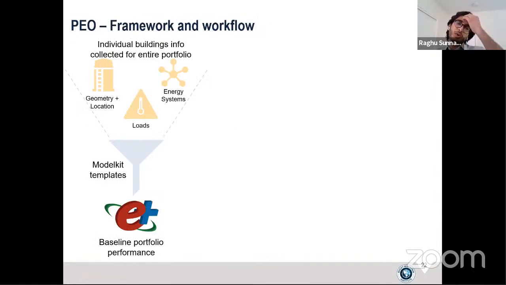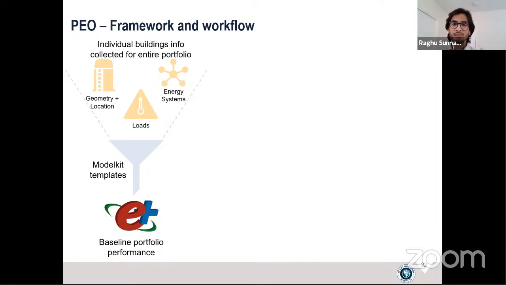So just to give an overview of the framework of the tool and how the workflow goes. And folks who work with scripting probably all understand this. But the first step in the PO tool is essentially just creating what we call a baseline portfolio performance using energy models.